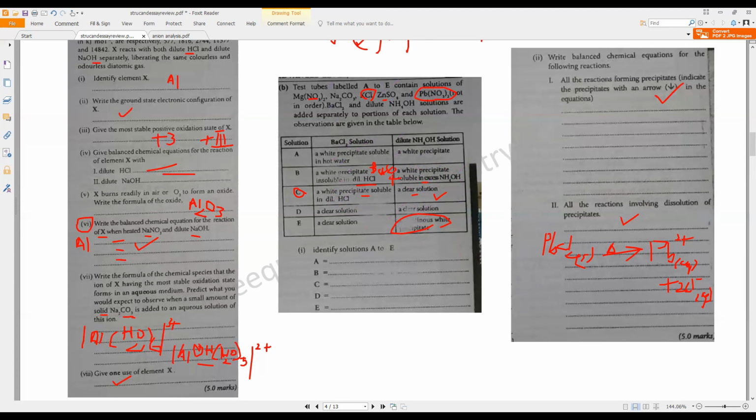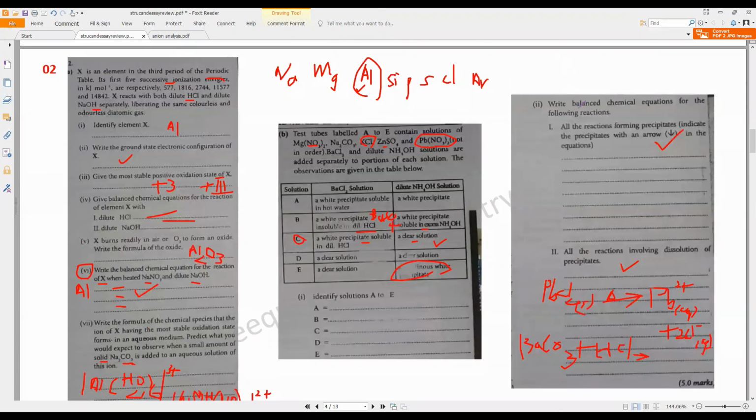So when you add barium chloride to sodium carbonate, there will be barium carbonate. Then you should know barium carbonate reacts with HCl. So this is the other main dissolution of the precipitate. There will be barium chloride, BaCl2, and H2O and CO2 forming.